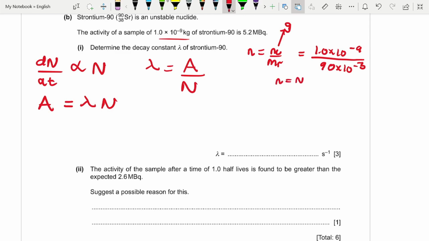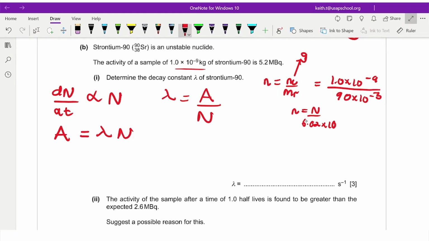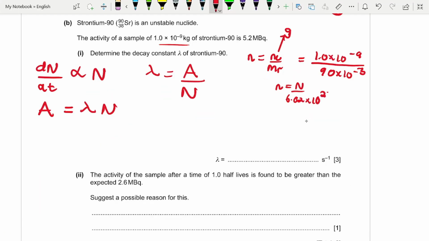And if you want to find the particles, number of moles will be equal to number of particles divided by Avogadro, 6.02 times 10 to the power of 23. If you want to find the number of particles, it is going to be the number of moles times 6.02 times 10 to the power of 23. So the number of particles n is going to be equivalent to the number of moles, 1.0 times 10 to the power of -9.